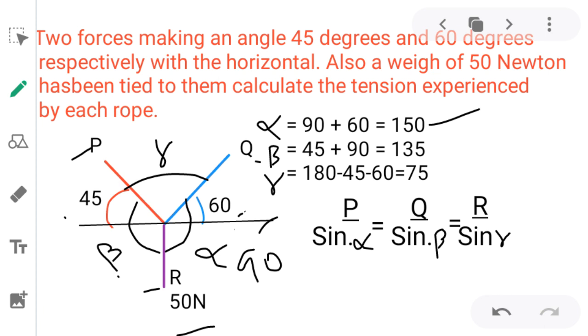Similarly for beta, the angle between horizontal and vertical line is 90 degrees, plus 45 degrees, it becomes 135 degrees. For gamma, the total angle of the horizontal line is 180 degrees. 180 minus 45 minus 60, the remaining is gamma, that is 75 degrees. So in this way we first calculate the angles alpha, beta, gamma in the diagram.